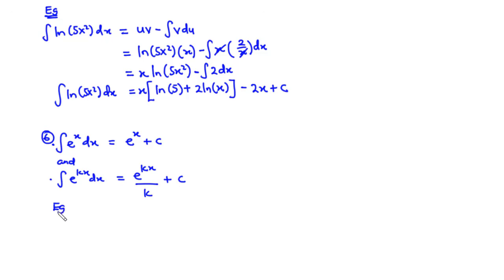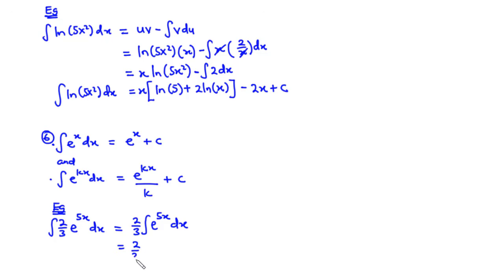Now a typical example is if you want to integrate the function 2 over 3 times e to the power 5x dx. So you can pull out the constant, which is 2 over 3. You have e to the power 5x dx.